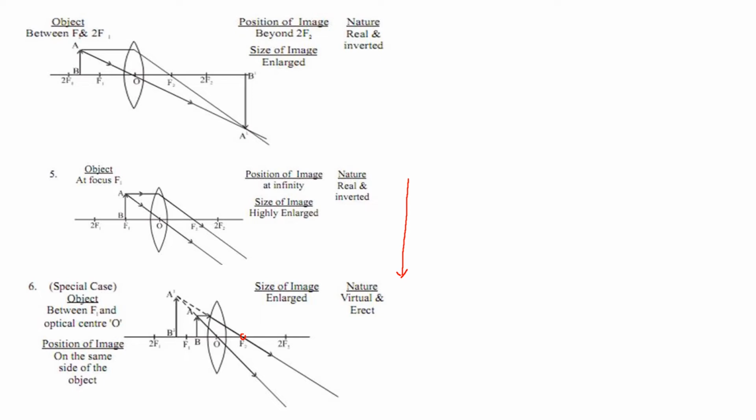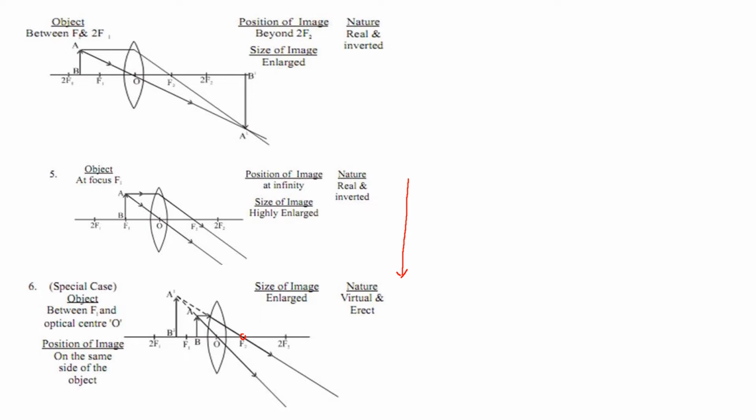That means they cannot be taken on the screen. These images cannot be formed on the screen. So a virtual, erect and enlarged image is formed. Where is it forming? It is forming between the center of curvature and the first focus, right?